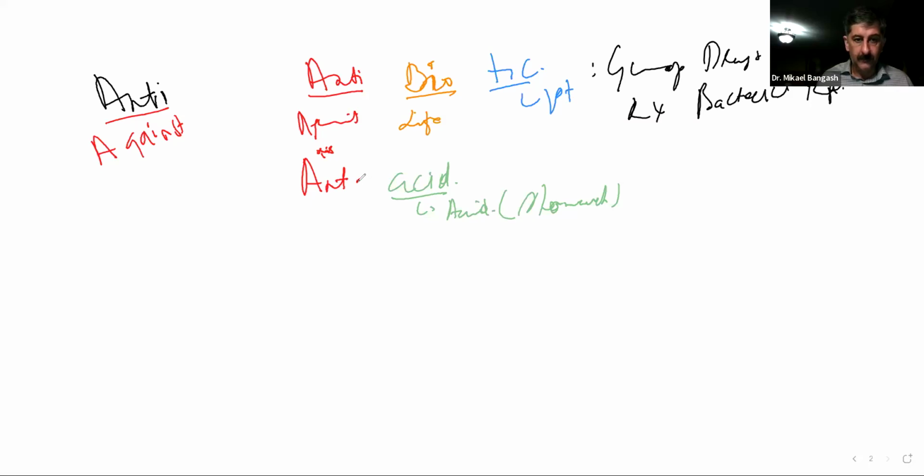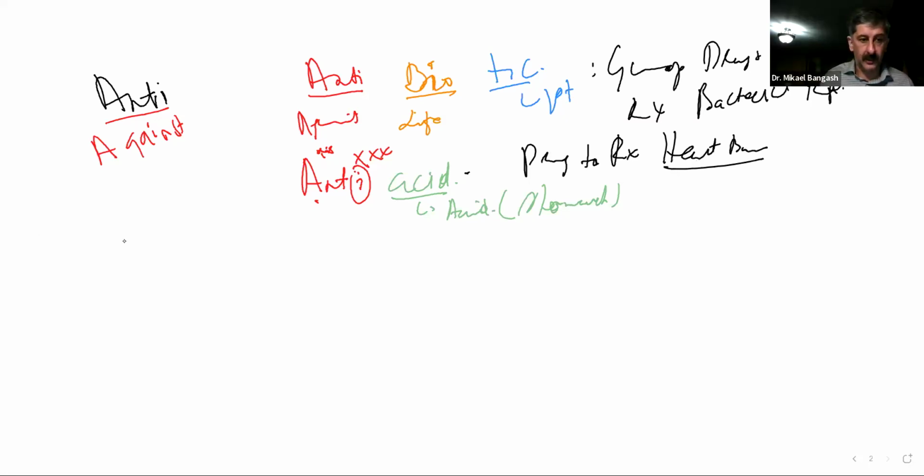What it actually is, is anti-acid, but they just took out the i, so it becomes antacid. It's a drug to treat what we call heartburn, because heartburn is primarily due to stomach acids.